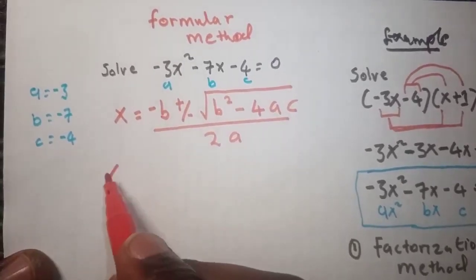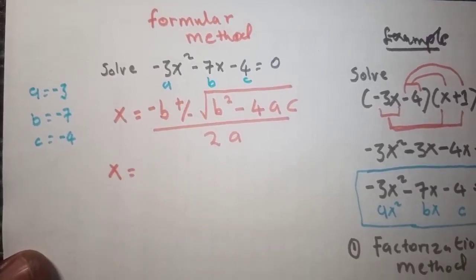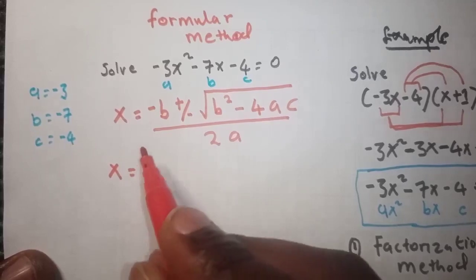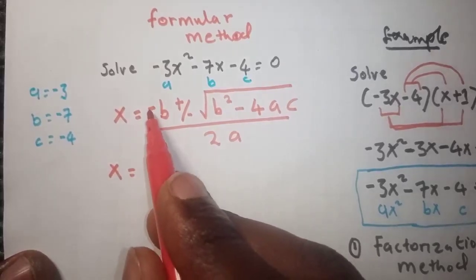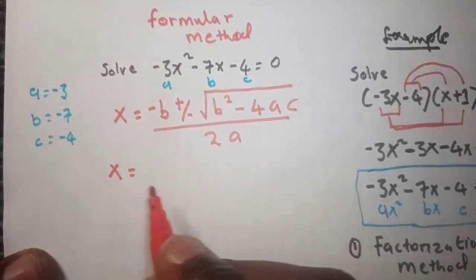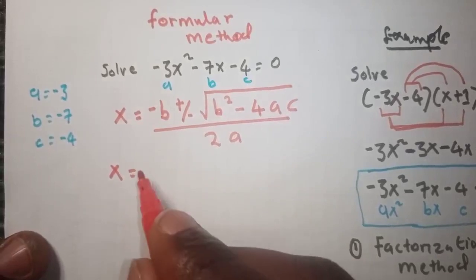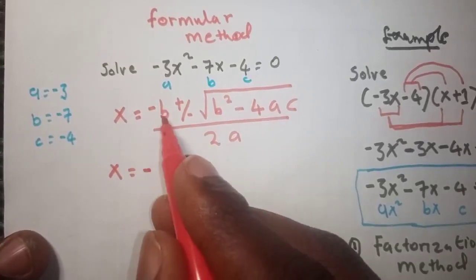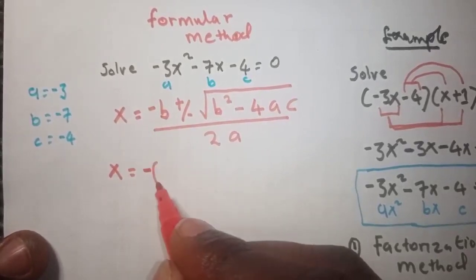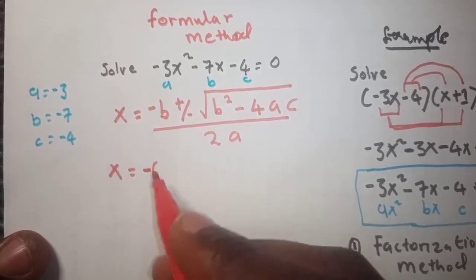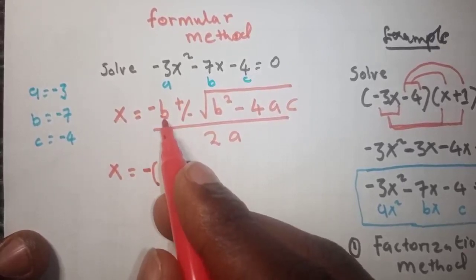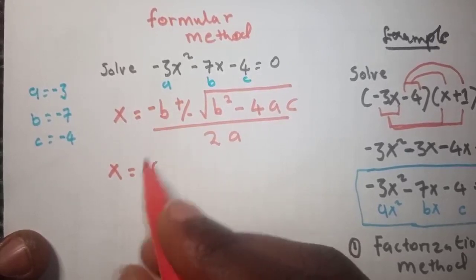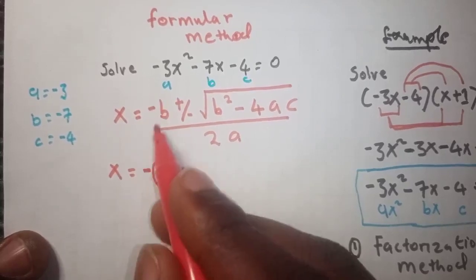So x is equal to, you notice the formula begins with a negative, so don't forget to write the negative. Before you replace b, open the brackets. Always open the brackets before you replace any number. So the negative is here, and I want to replace b.